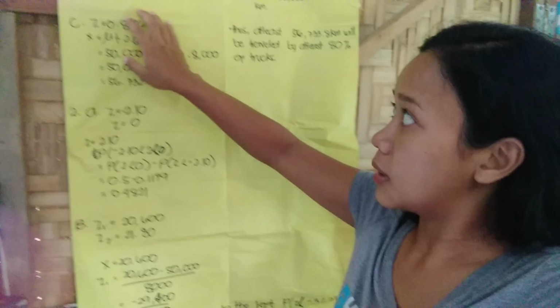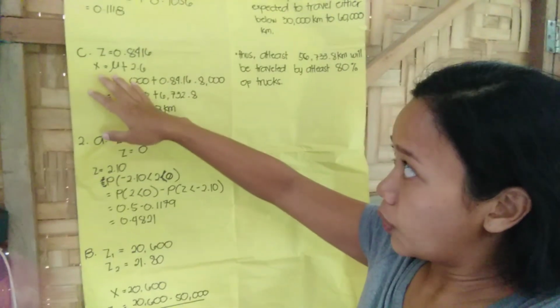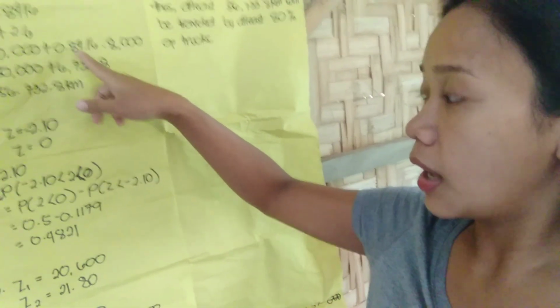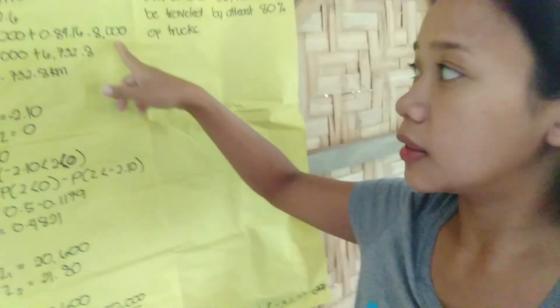So the second problem is z equals 0.8416. So x is equal to the mean plus z times the standard deviation. So our mean is 50,000 plus 0.8416 times 8,000, which is our standard deviation.